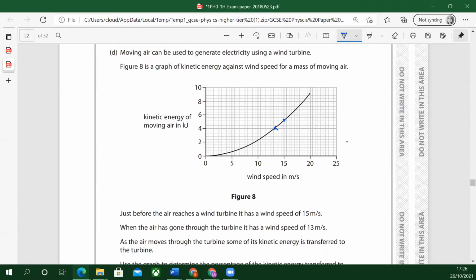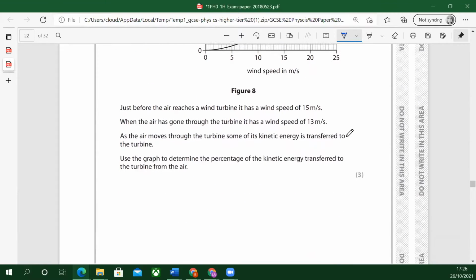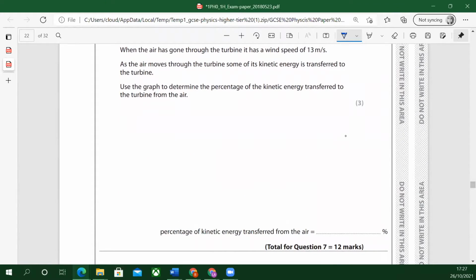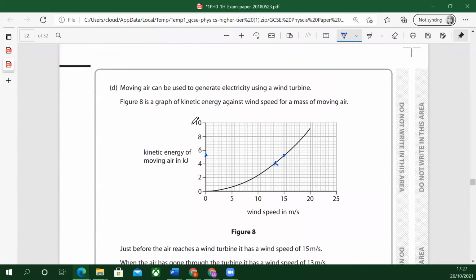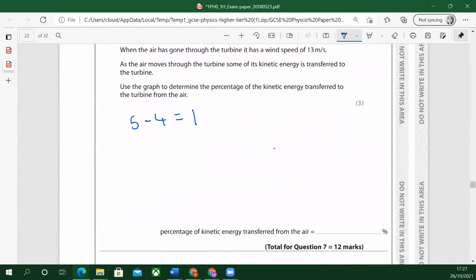We've got 5 and 4. That's quite straightforward, isn't it? So 5 minus 4 is going to give us 1. So it's lost 1. What's the unit there? Kilojoules. Okay, 1 kilojoule.